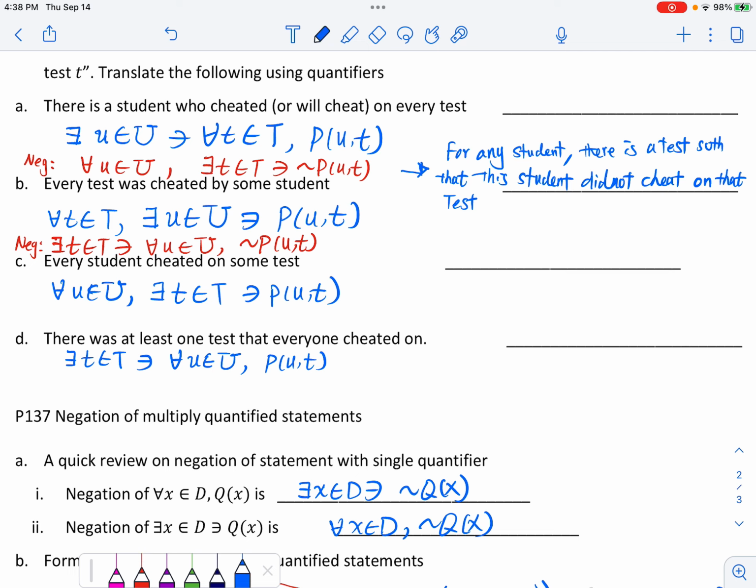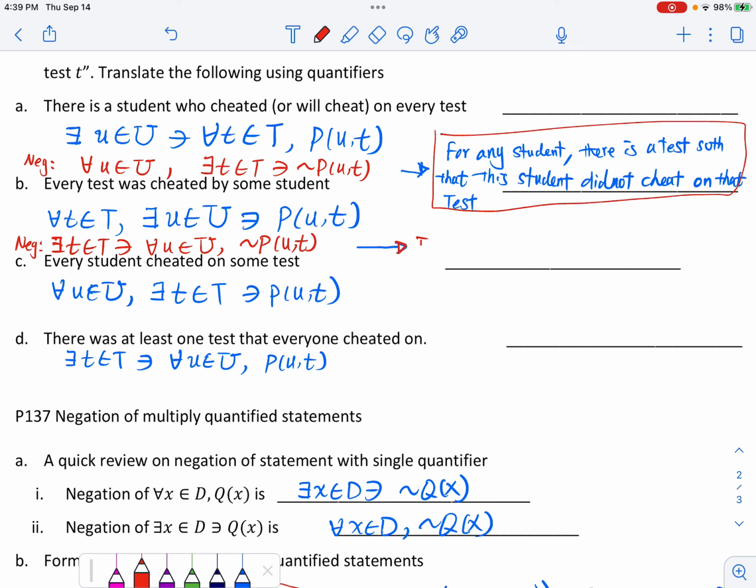So now that means there exists a test so that no matter who you pick, the student did not cheat on this test. That means all the people you pick did not cheat on this test. So in other words, the negation, I'd better write that in red. Red means the negation.